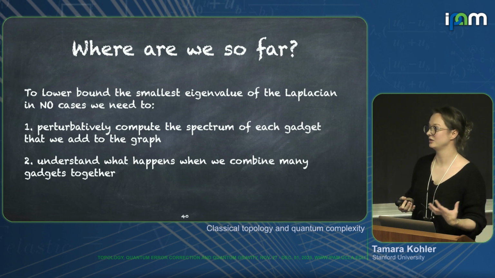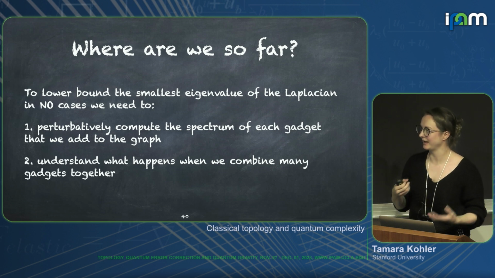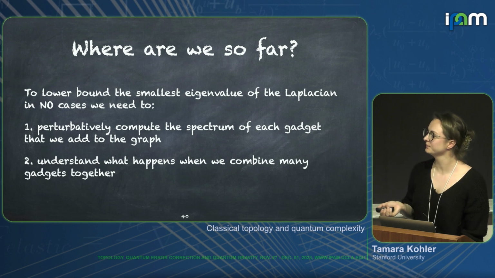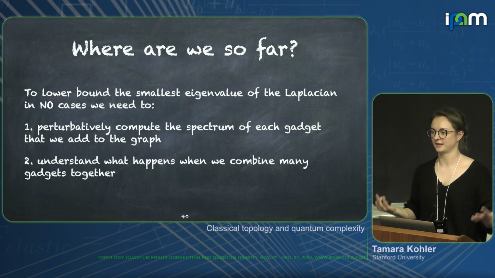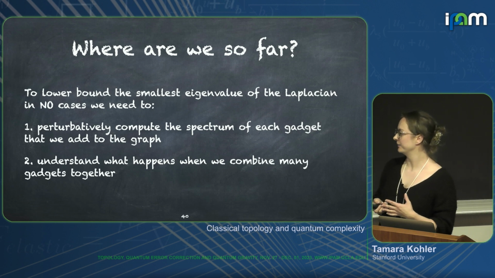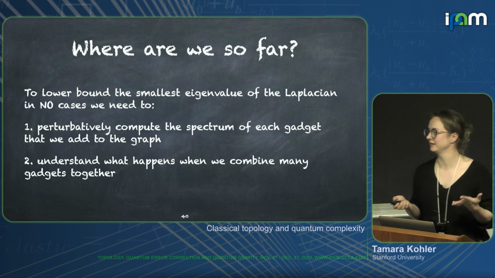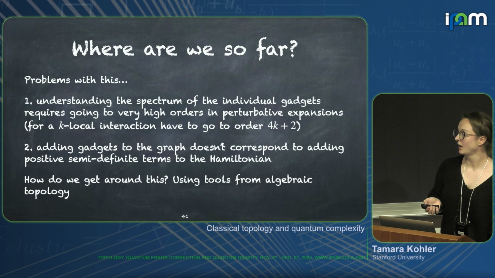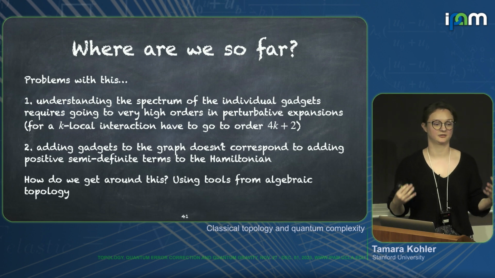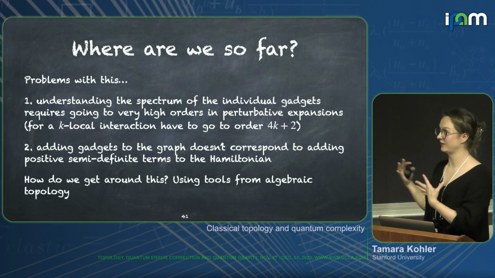So they might decrease the energy of the Hamiltonian. That means, again, we can't use standard techniques like martingale methods or ground state projectors in order to understand what happens when we combine many gadgets together.